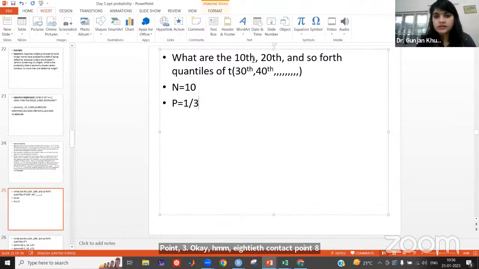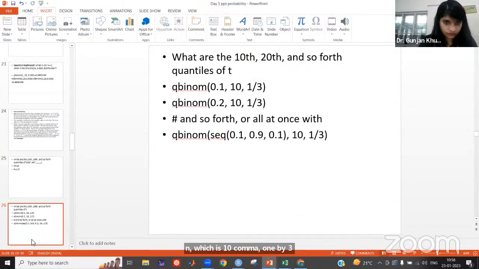Like this. So I ask you to find Q binom, bracket, the value of the quantile, which is 0.1, say, comma n, which is 10, comma 1 by 3. So how will you do this? You will do like this.